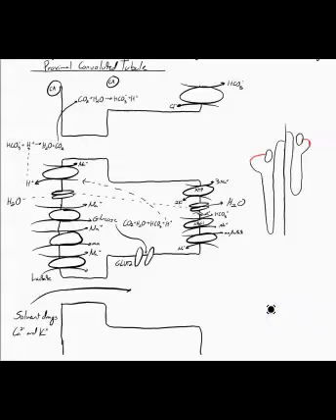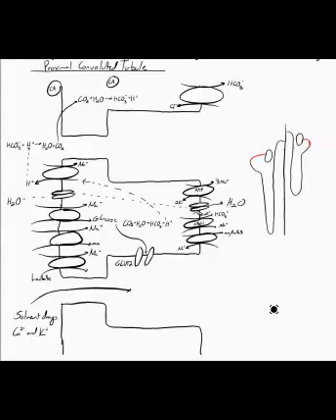Alright, now a little bit on tubular reabsorption. Reabsorption occurs through a good portion of your tubules, but a good example to look at is the proximal convoluted tubule. Within the proximal tubule, the majority of filtered solutes and water will be reabsorbed.